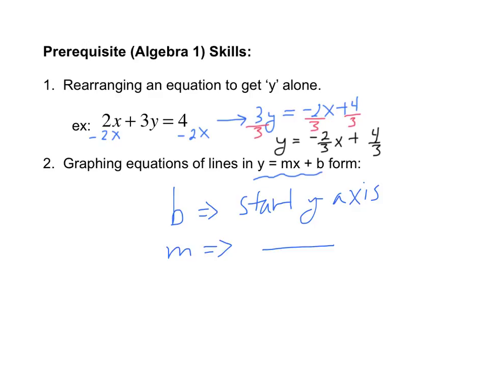The top number tells you to go either up some blocks or down some blocks. Down would be if there's a negative. So in this example here, I'd be going down 2 units. And then the denominator is always telling you how far to go to the right. So you would do the going up or down and then going to the right, and then you put your next point.